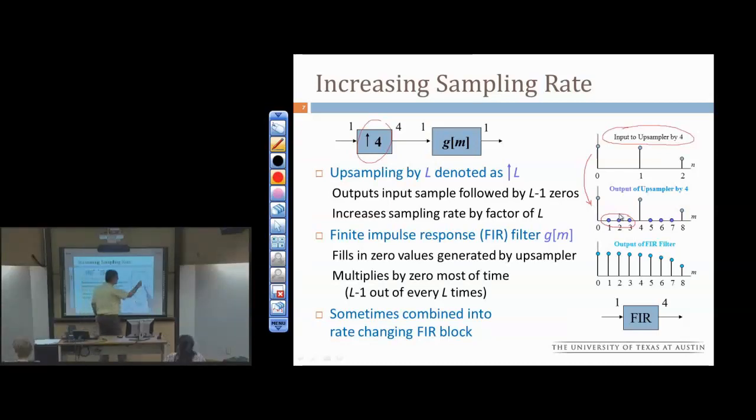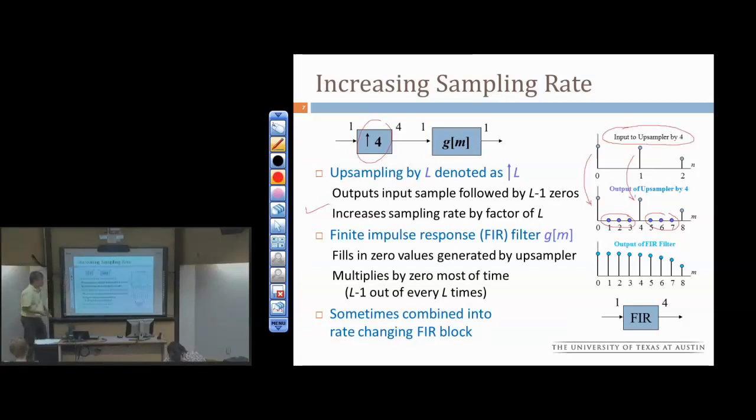Next sample comes into the upsampler, it gets copied to the output. I append L minus 1 zeros, and I keep doing this over and over again. So there's no multiplication or addition operations, it's just memory moves and a bunch of zeros being inserted. But on the output, I have 4 times as many samples as I had on the input. This means that my sampling rate is increased by a factor of 4, or more generally a factor of L.